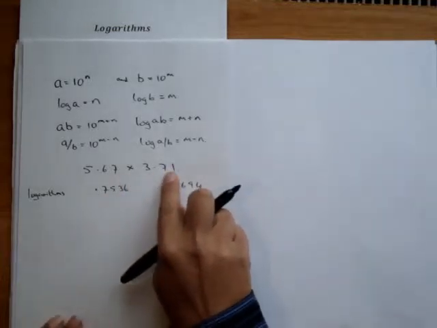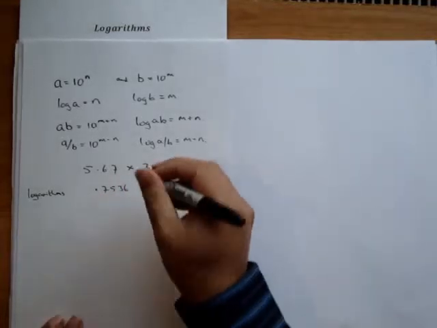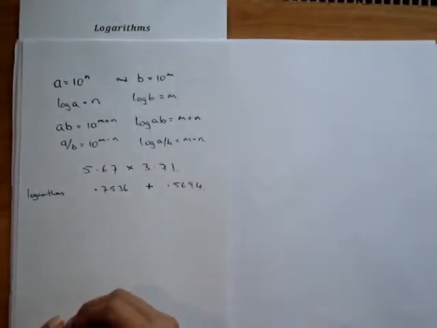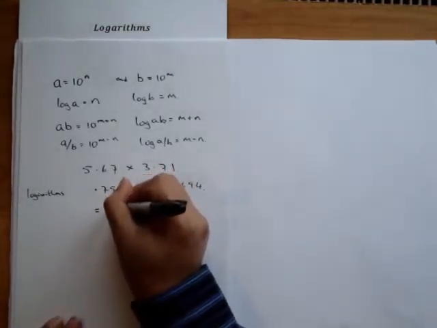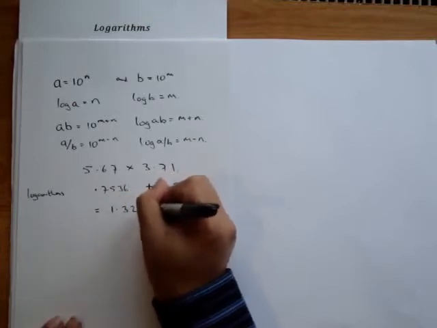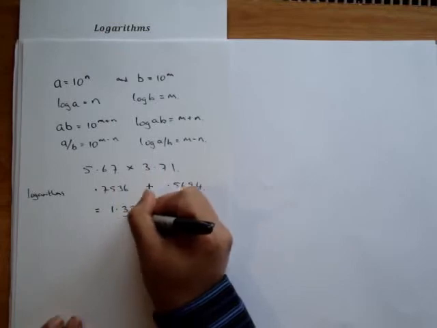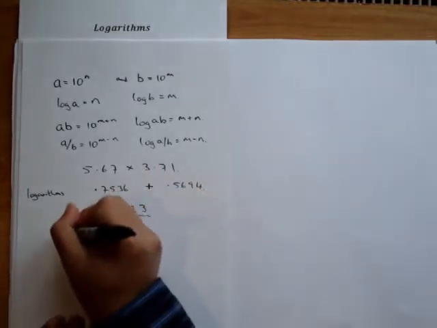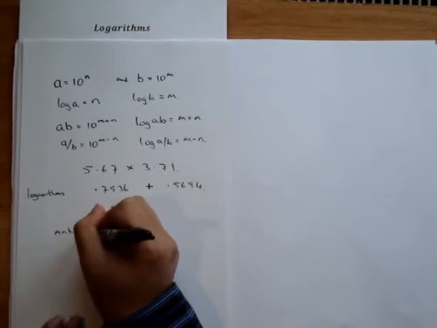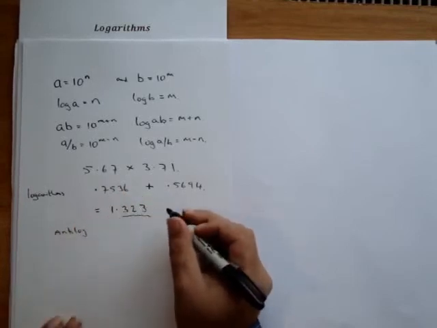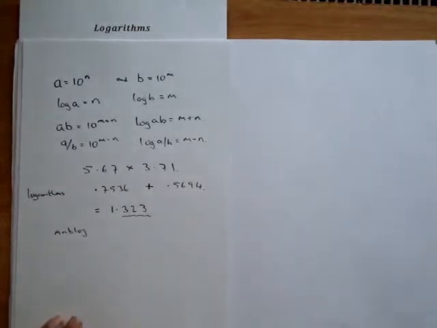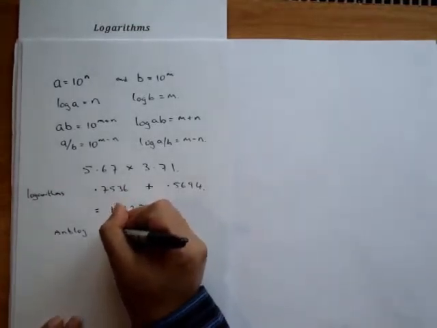So when we want to multiply those, we get the logarithms and we simply add them, and we get 1.323. When we take the antilog of 0.323, we get 2.1.